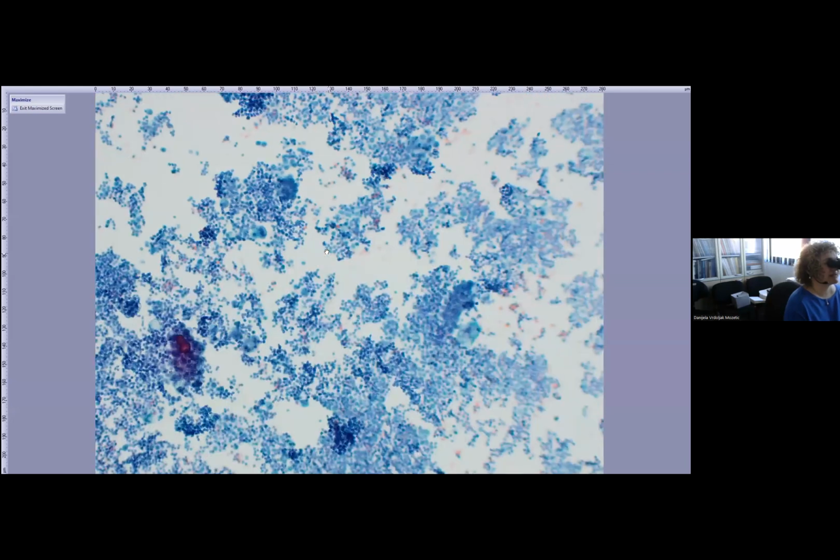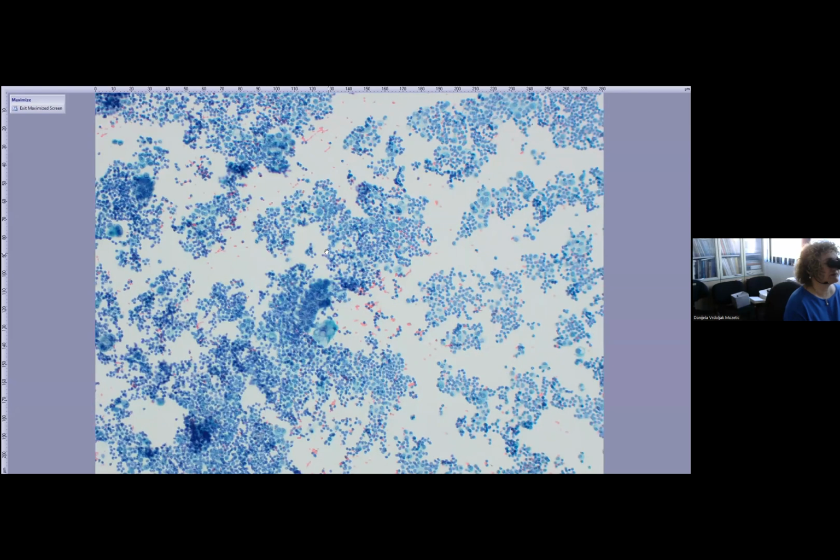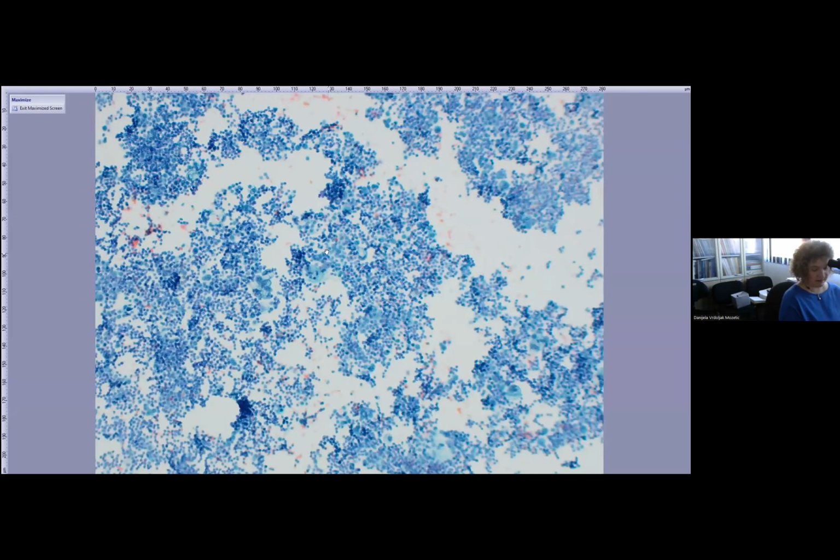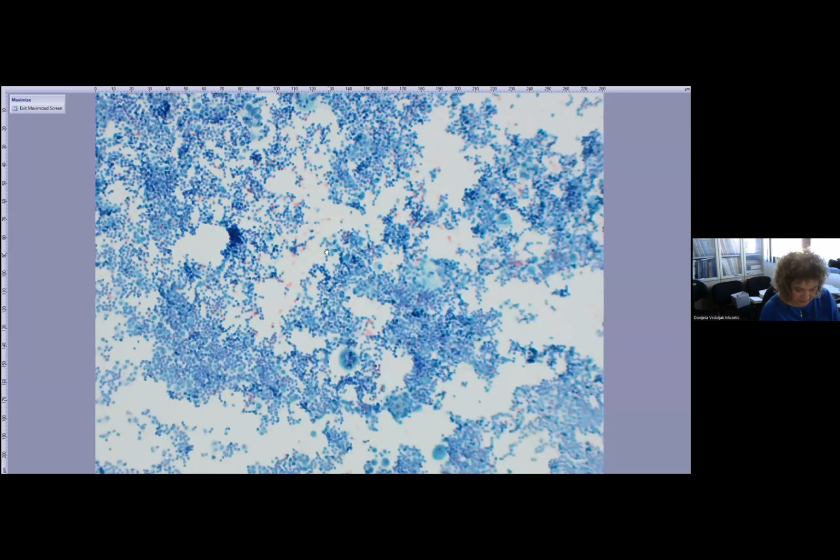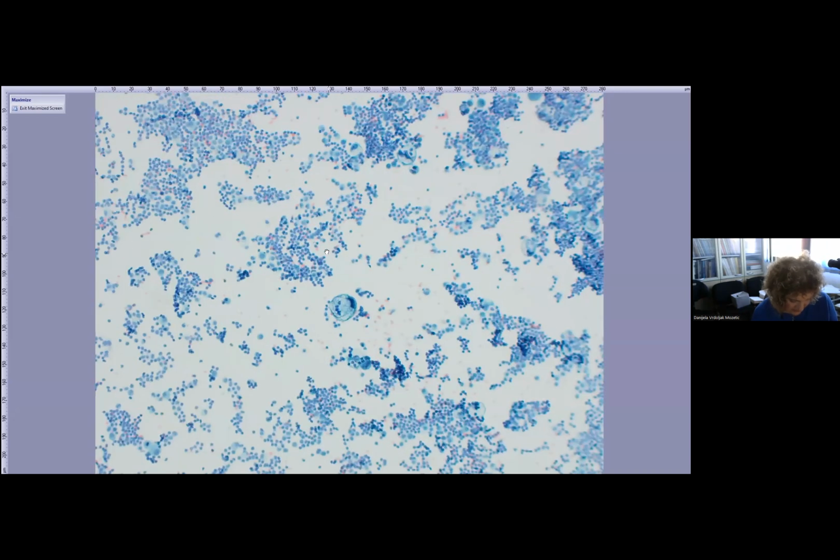So the next step was to make a cell block. So the cell block here. So this is HE.